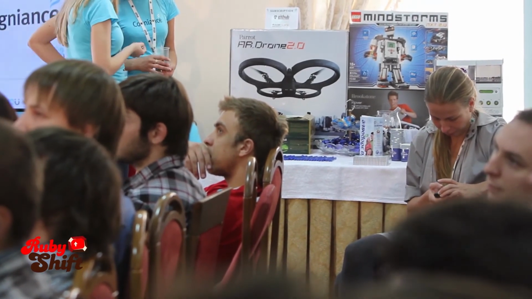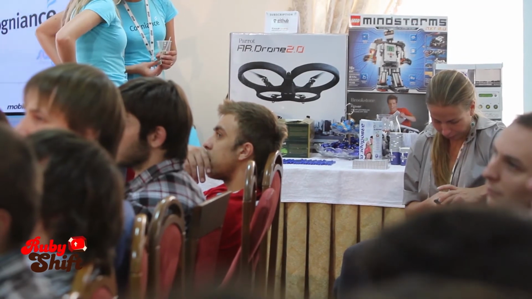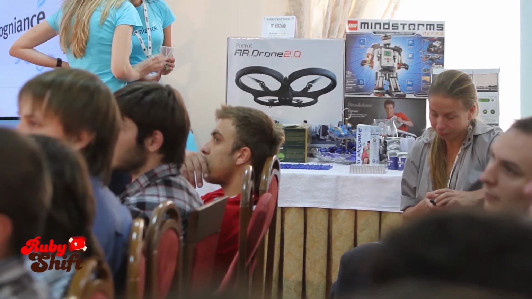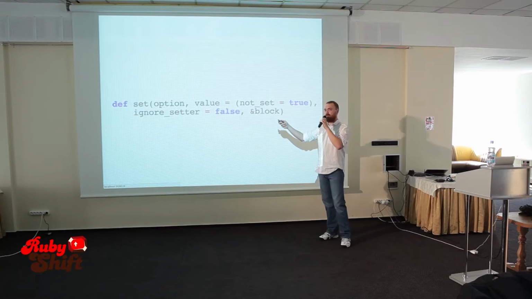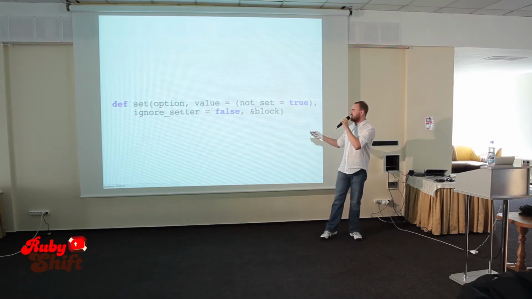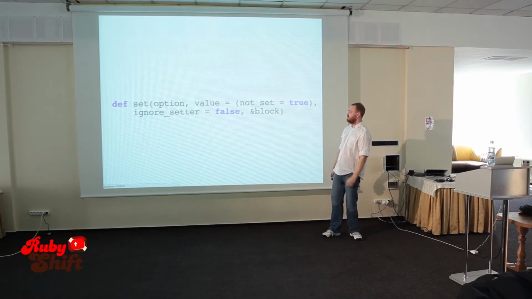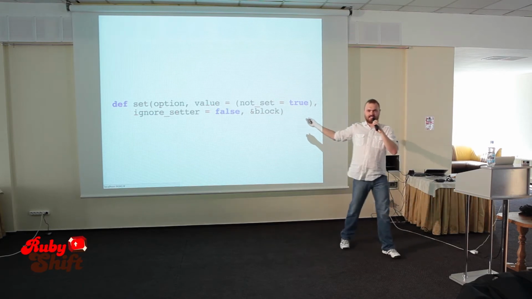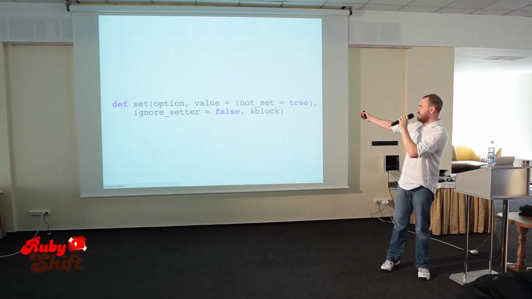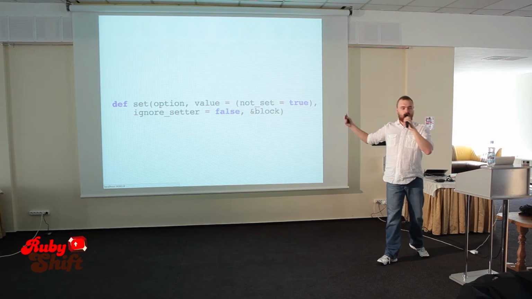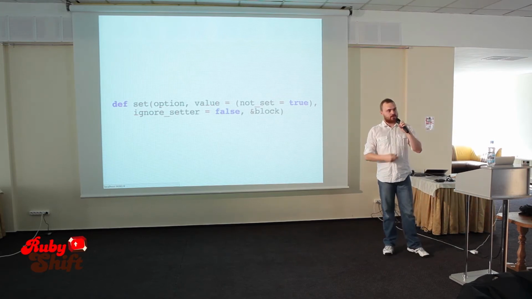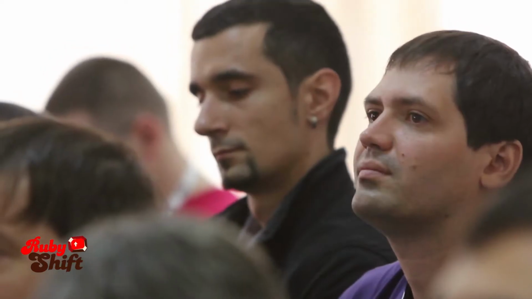Again, I will break it up a little. So, we have a method called set. And we have some option and value. And this value is not set, true. Oh my god. When you look at this code the first time, it's really tricky. Not set equals true equals value. Of course, you can write code like this.